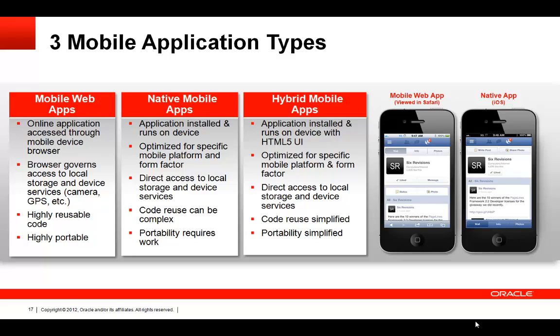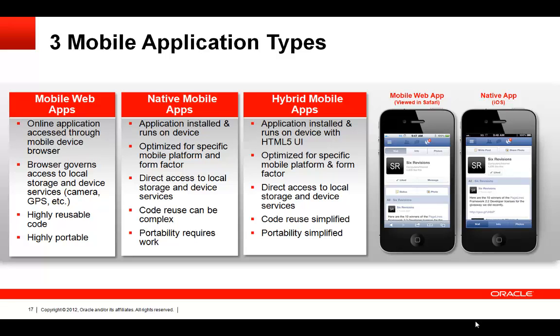But it also limits your ability to actually have good interaction with the device in terms of taking advantage of device services, working with the storage on the device, and actually leveraging the computing capabilities of the device itself. So it's highly portable, highly reusable, but somewhat limited in terms of actually leveraging the device you're on.